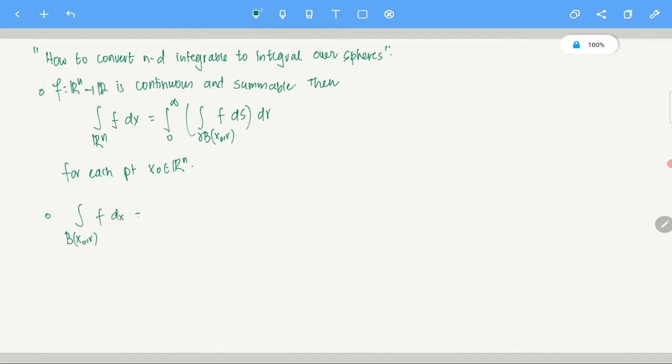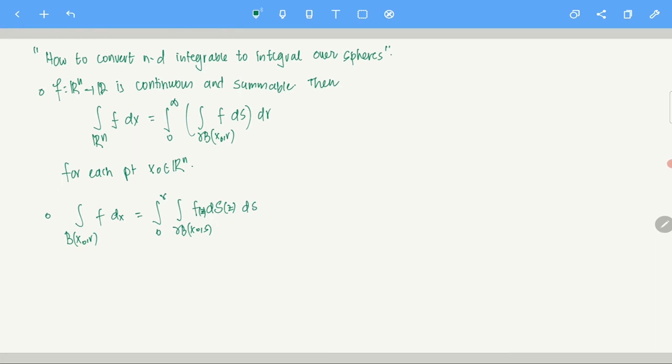If something like this happens, then your integral becomes the integral from 0 to r of the integral over ∂B(x0, s) of f dS ds.